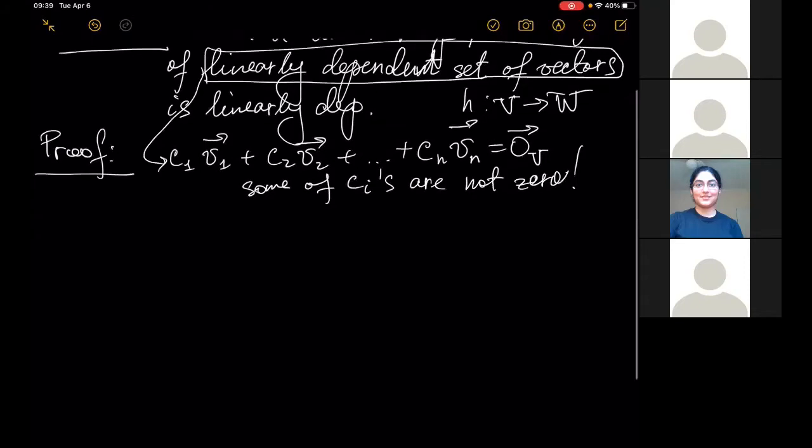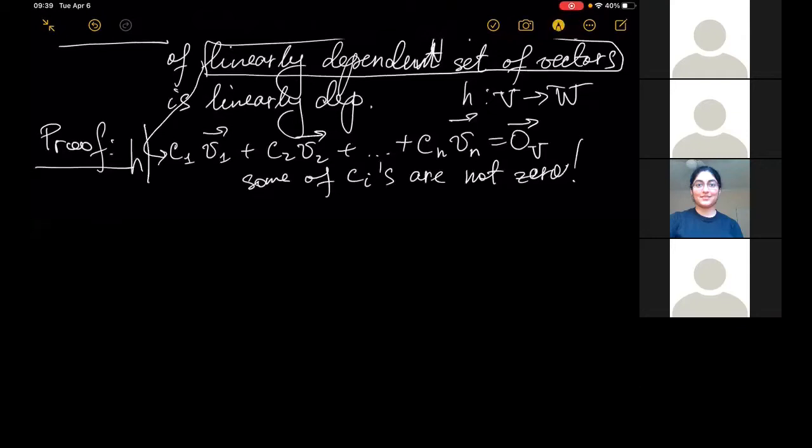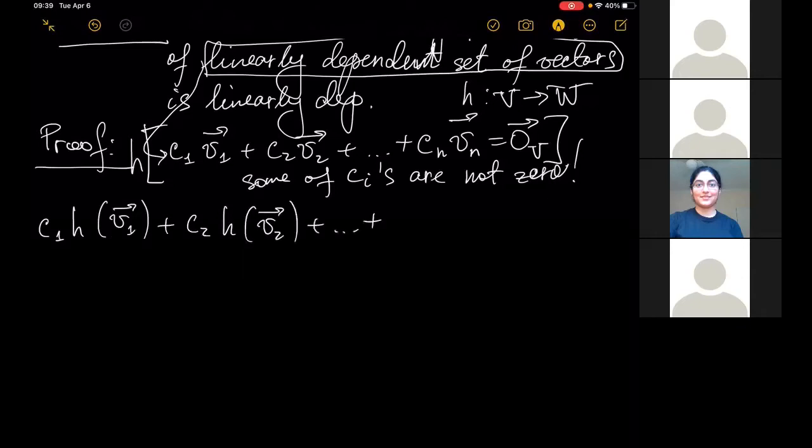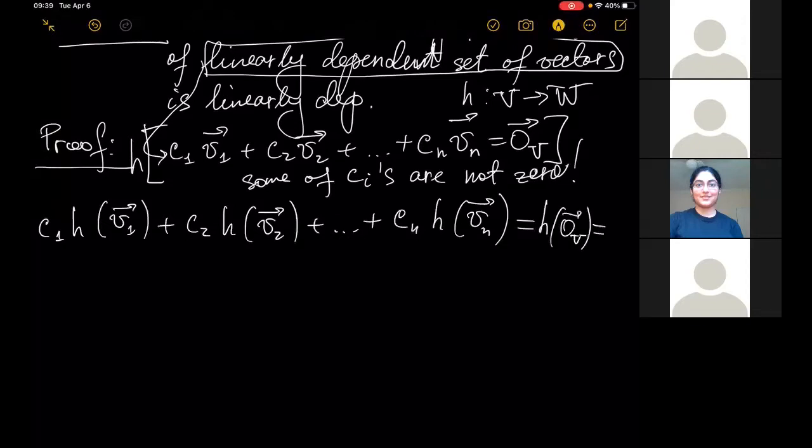So now let us apply the homomorphism to both the left and right hand sides. On the left hand side, we can use linearity, and we will get c1 H(v1) plus c2 H(v2), plus and so on, plus cn H(vn). And on the right hand side, the homomorphism of the zero vector is what?